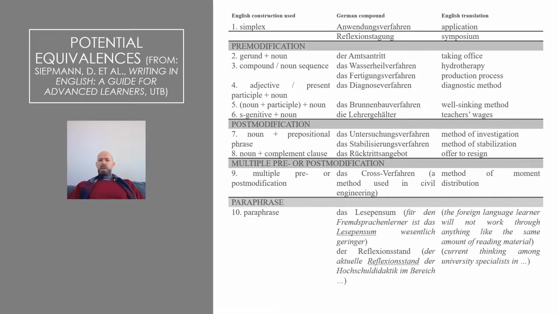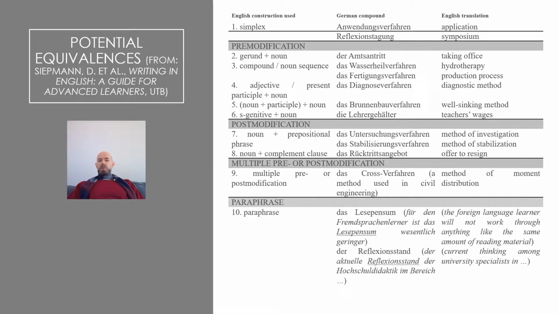We also have post-modification in English very frequently. So a noun plus a prepositional phrase, so das Untersuchungsverfahren could be rendered as the examination method, the investigation method, but it could also be the method of investigation in some contexts. The Stabilisierungsverfahren is the method of stabilization.